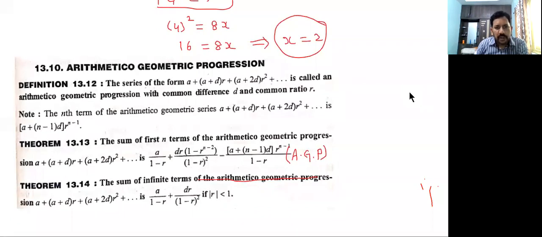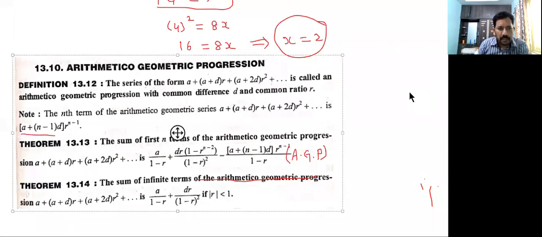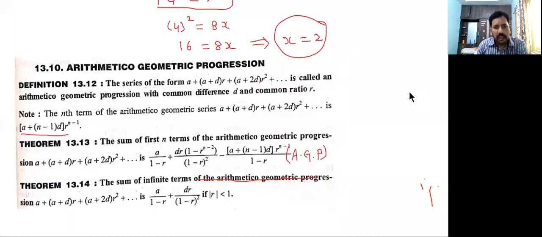The nth term of the arithmetic geometric series is given by this formula: a plus n minus 1 into d into r power n minus 1. The series is in the form like this.